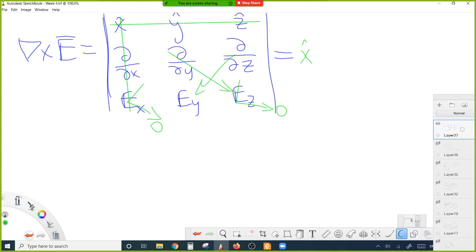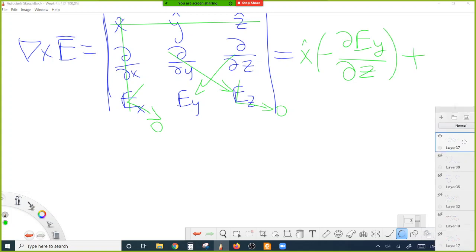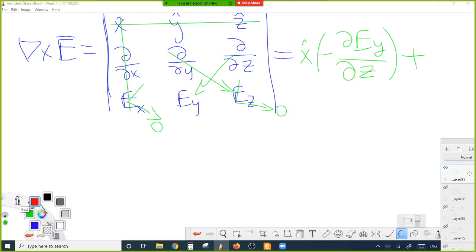This one is minus d Ey over dz plus, let's take the components along y, which are 0, dx multiplied by 0, dz multiplied by 0.